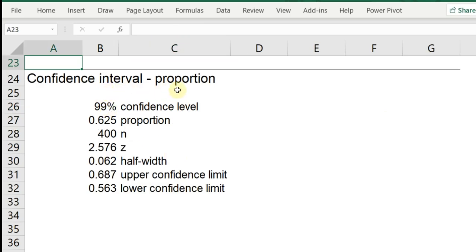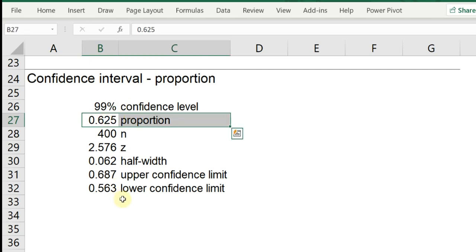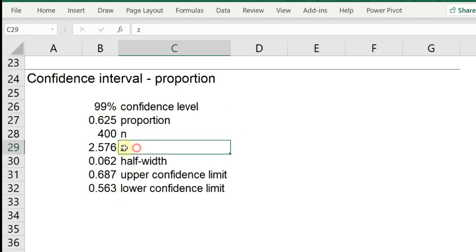this is the confidence interval for proportion. Again, the things you put in. That's your 62.5%. This time the z-score is 2.576. That means alpha is 1%, the other part that makes this into 100%. Our uncertainty level is 1%. That's 0.01. Half of that is 0.005.